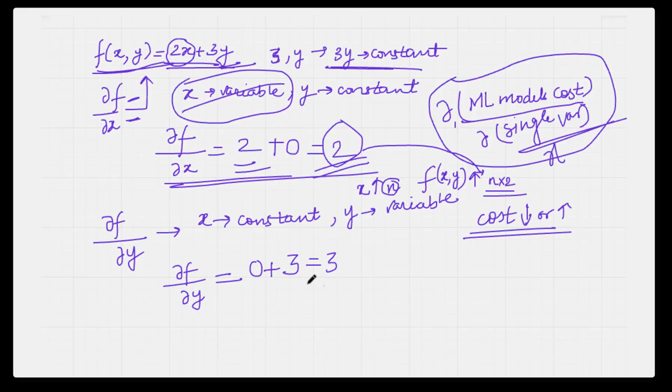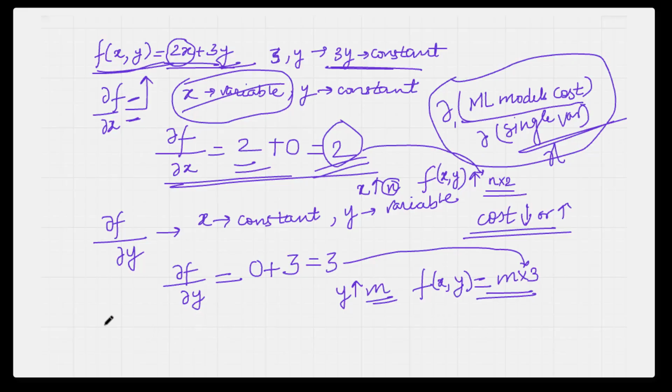Similarly, here we can say del f by del y. If my y increases by a smallest value, say m, then my whole cost function, say f of x and y, will increase m times 3. Now, if my del f by del x is negative, if instead of this positive value I had gotten del f by del x as minus 2, then it will happen exactly opposite.